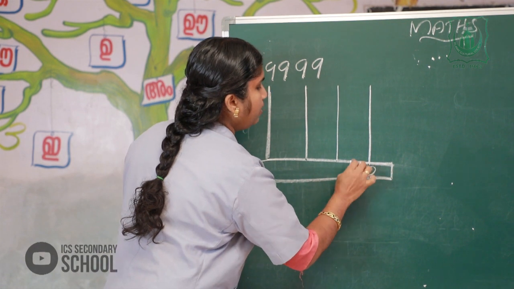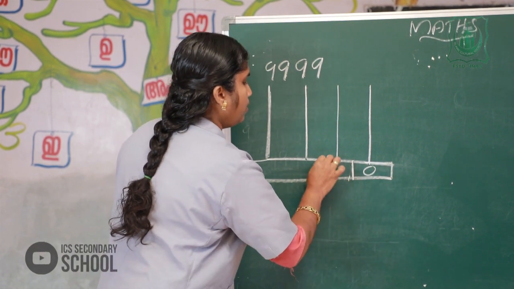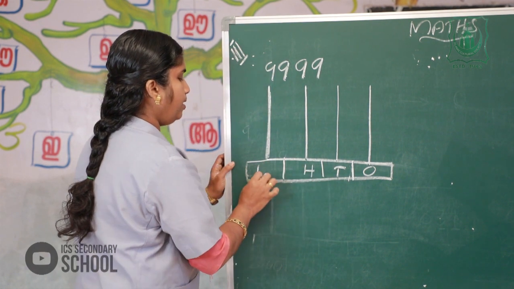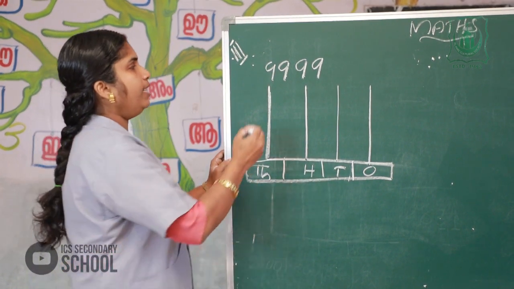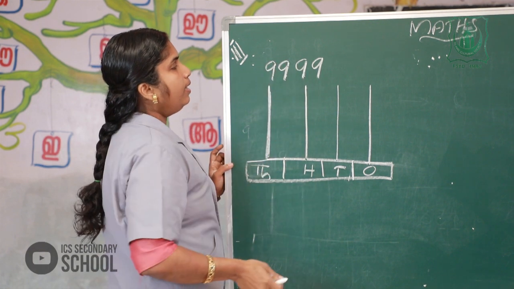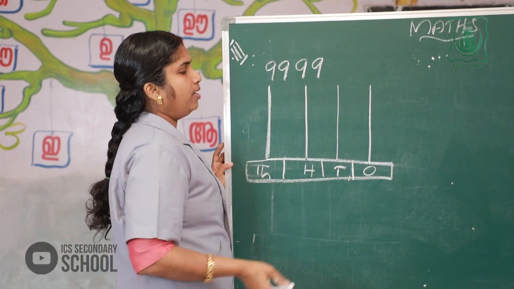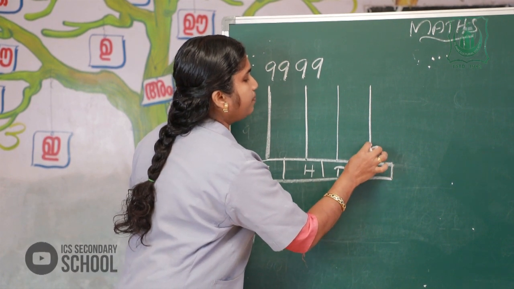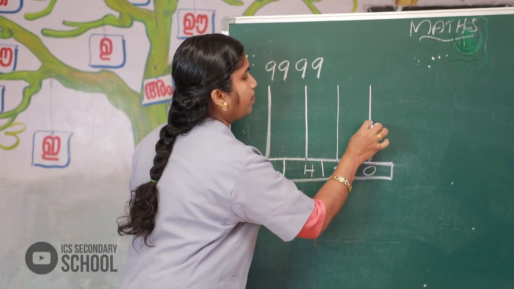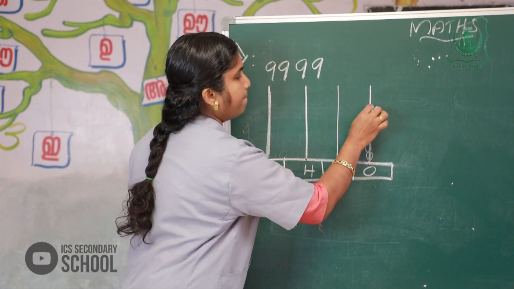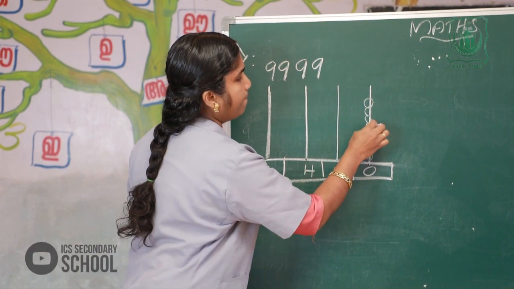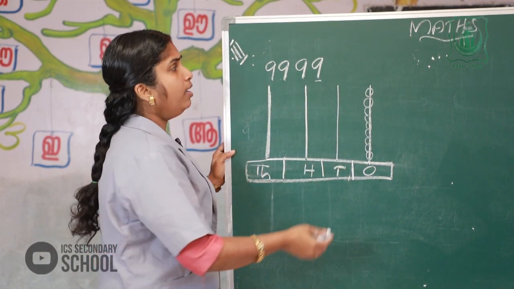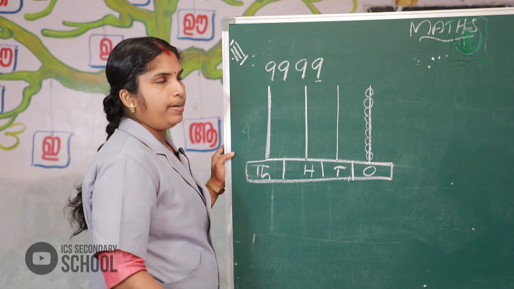One place spike, 10 place, 100 place and 1000 place. Okay, we get the number 9999. First of all, we fill 9 beads on the first place.